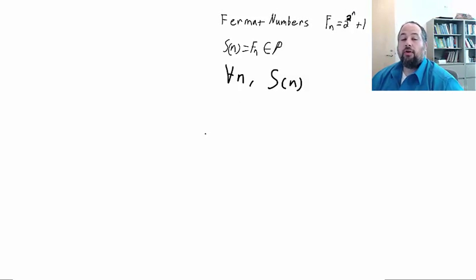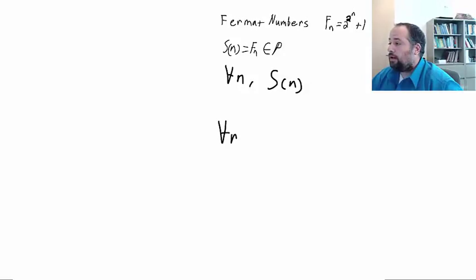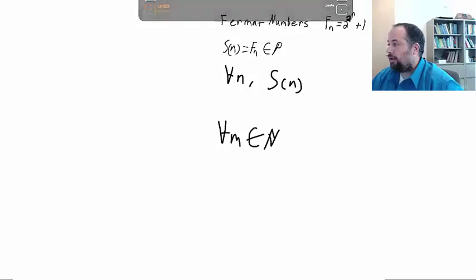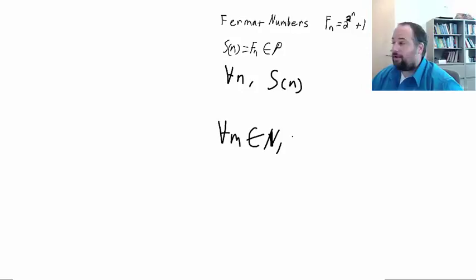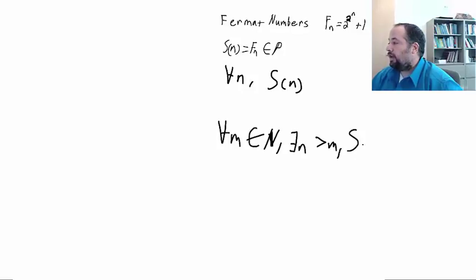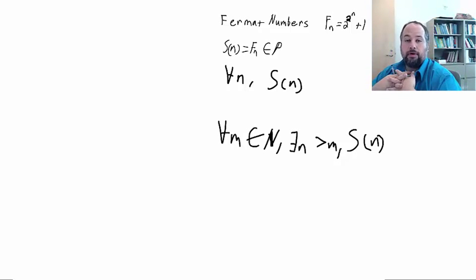If we want to say there are an infinite number of Fermat numbers that are prime, we would say for all m in the entire set of natural numbers, for all m that are in the set of natural numbers, there exists some n greater than m such that S of n is true.